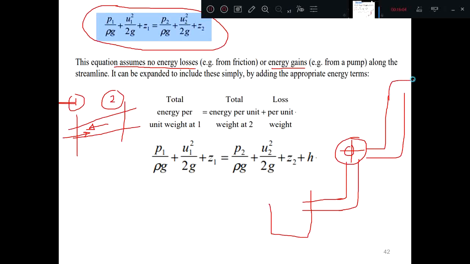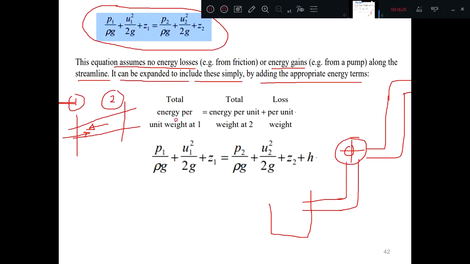In this case there is a gain in energy, the liquid gains energy. So this equation assumes no energy losses or energy gains along the streamline. It can be expanded to include these simply by adding appropriate energy terms.